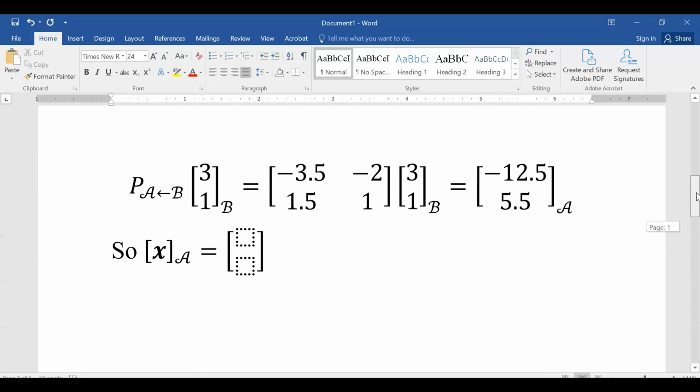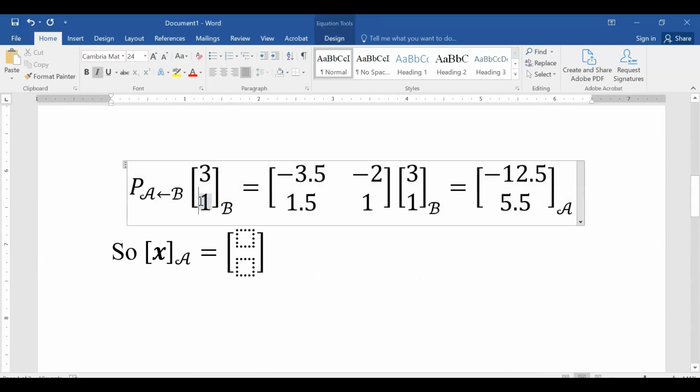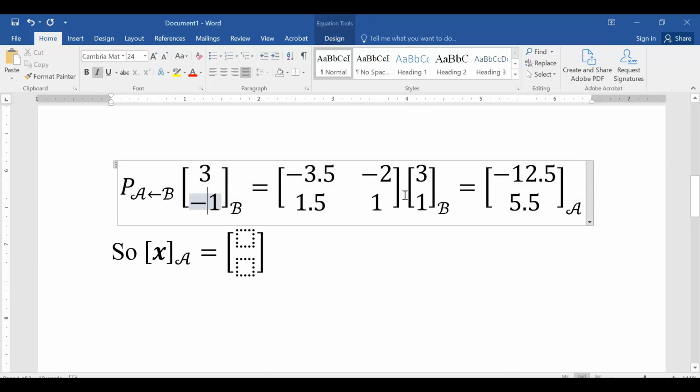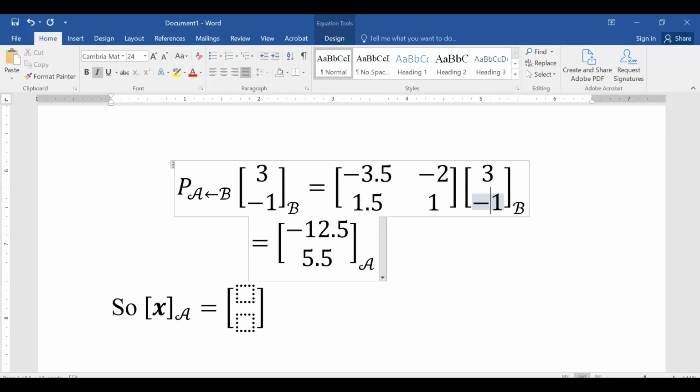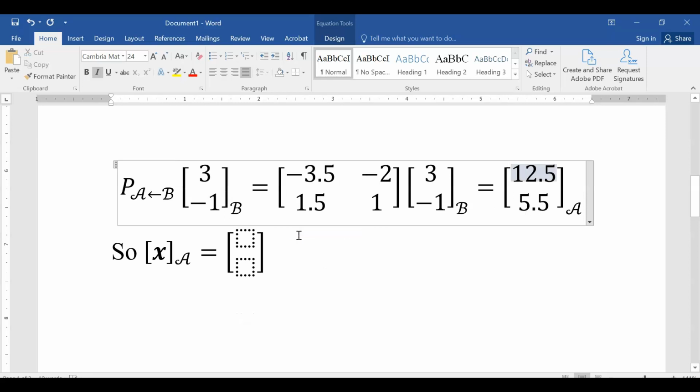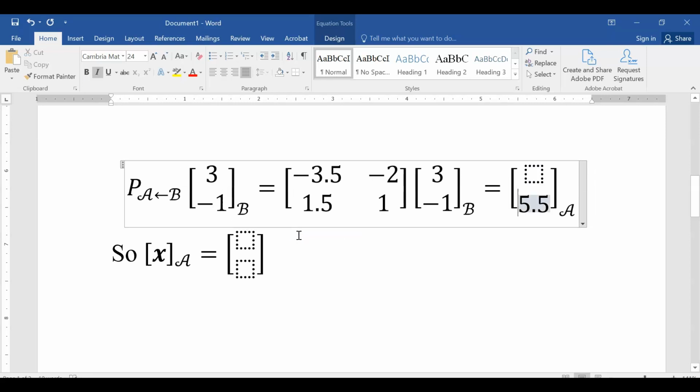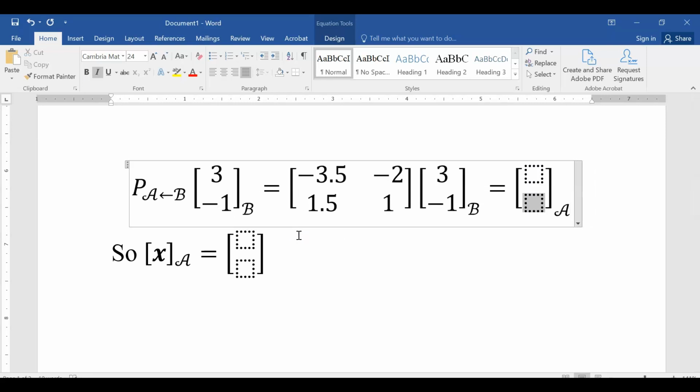But the first one, so I'm taking 3, negative 1 with respect to basis B. I'm going to multiply that times my matrix that I just found that translates from B to A. And this is where I just messed up the whole thing. That's fine.